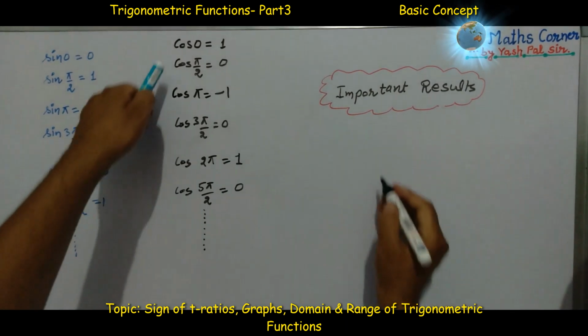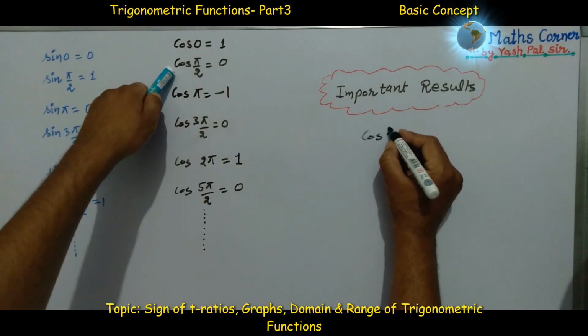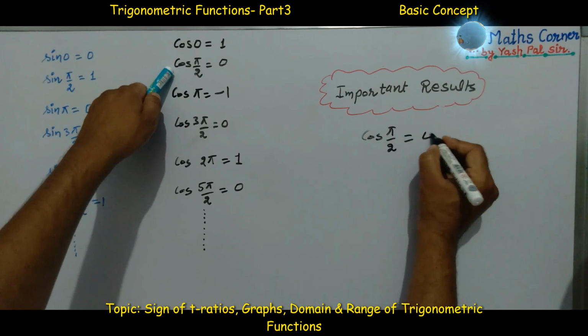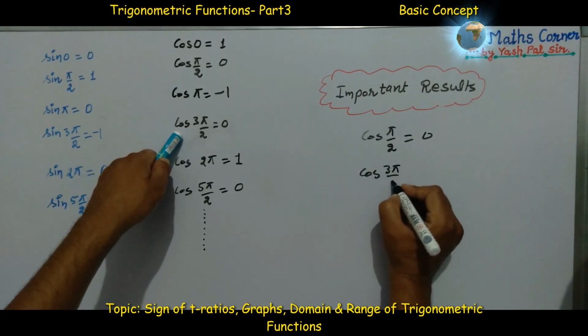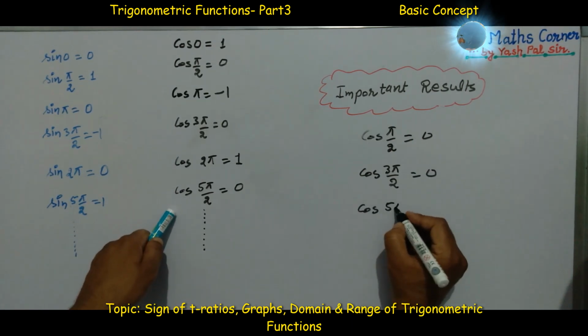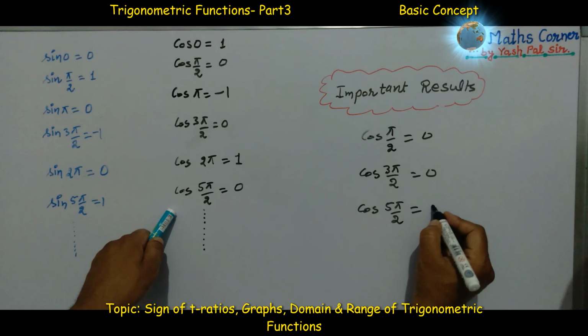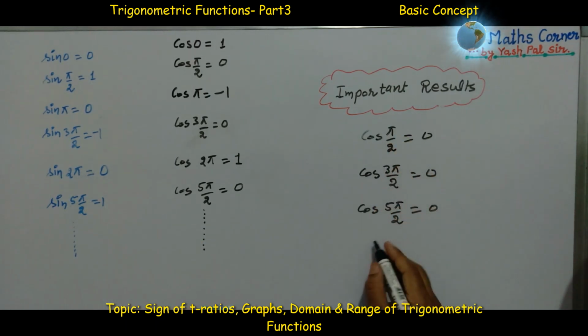Similarly in the case of cosine, cos pi by 2 is 0, cos 3 pi by 2 is also 0, cos 5 pi by 2 is also 0, meaning 1 into pi by 2, 3 into pi by 2, and so on.